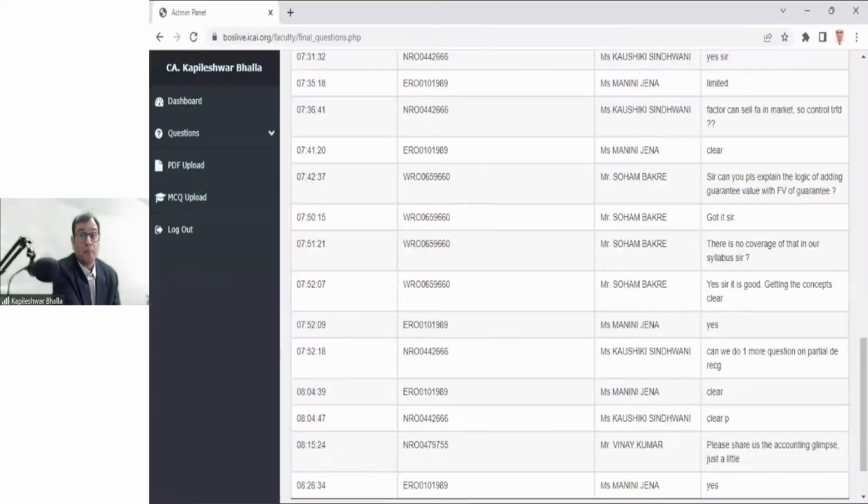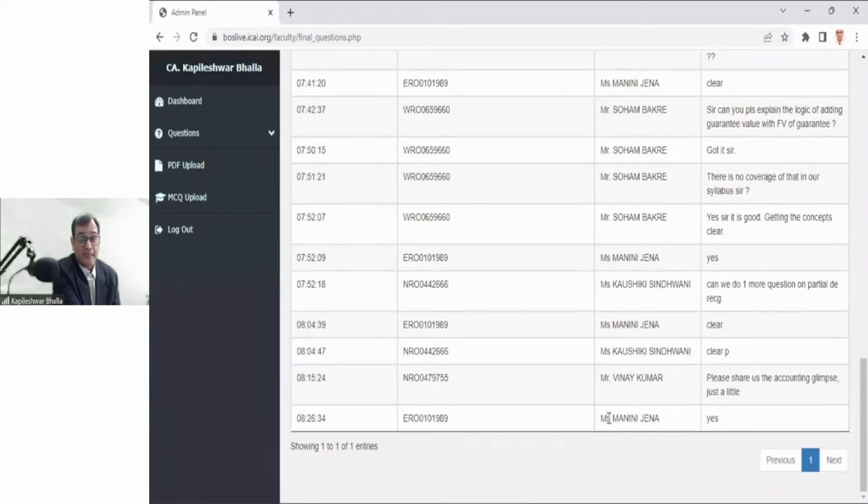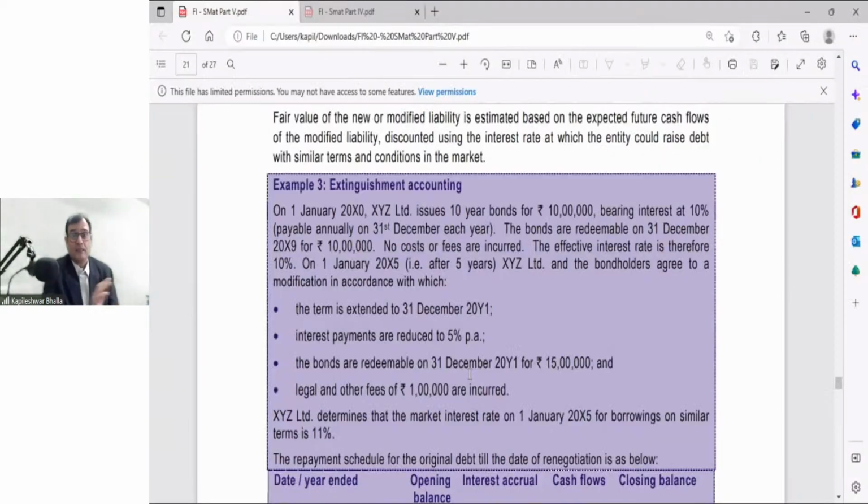I hope I have made complete sense on that. The contracted rate is 10%, the effective rate is 10%, it's an at-market transaction. And in this particular case, with no transaction cost and no processing fee, the transaction value and the fair value are also the same.